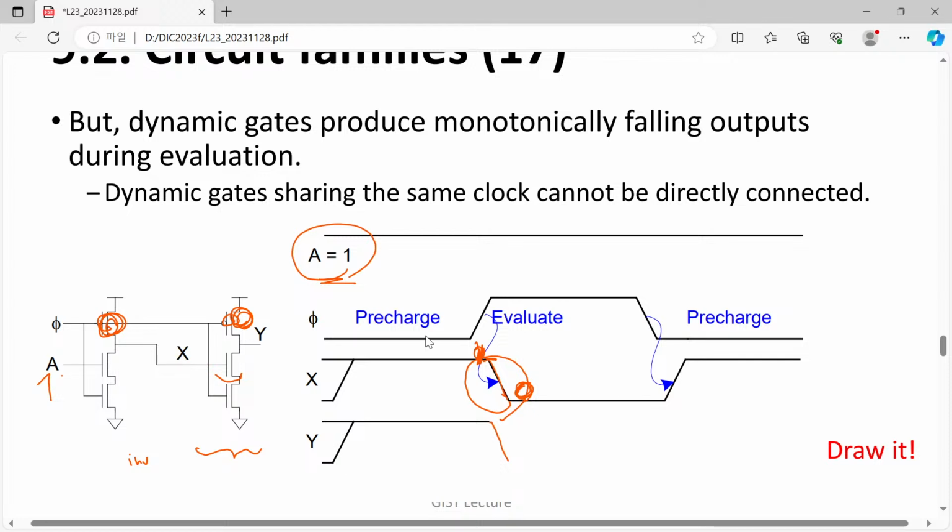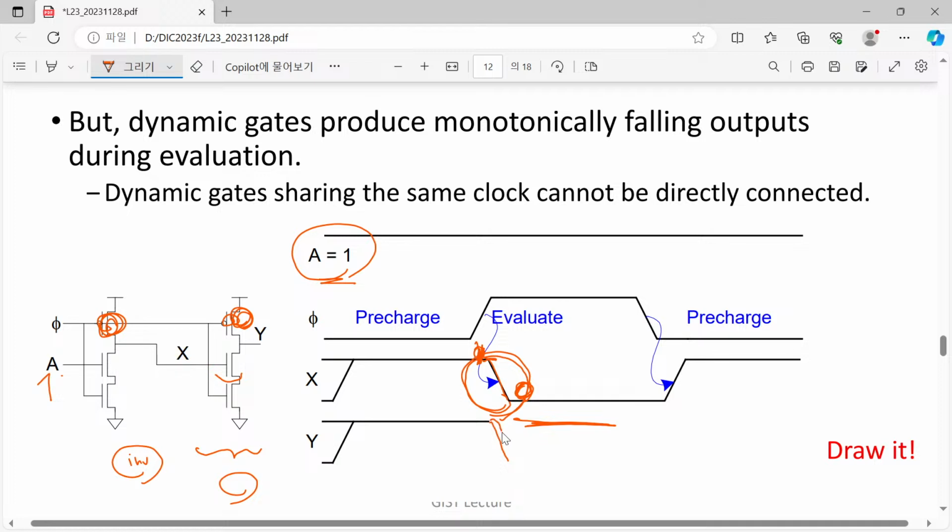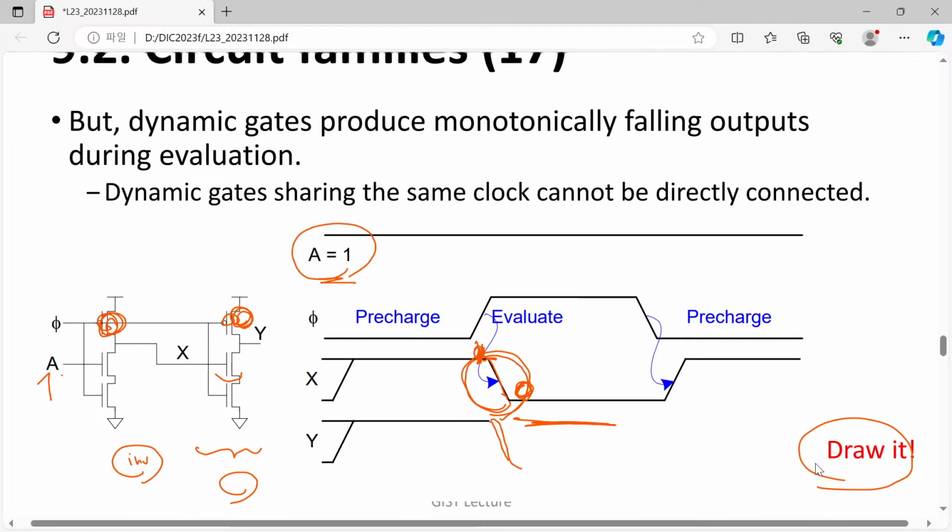Although if this is really an inverter and an inverter serially connected, what you wanted to get is just kept as 1 because that is just a buffer, but in this case it is also discharged. Please try to draw it and you will find that this is a failure of your logical operation.